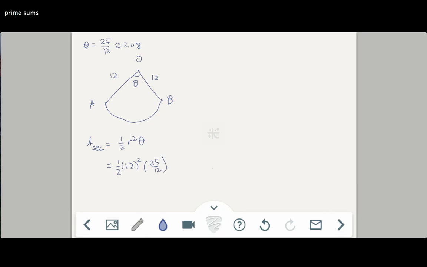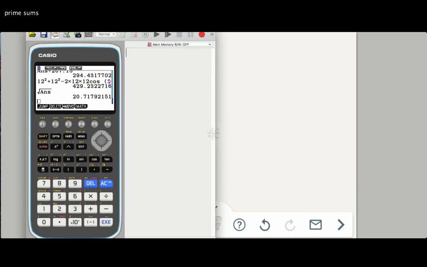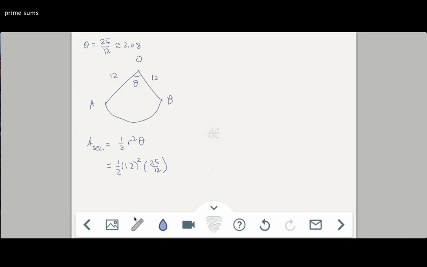We get exactly 150. So that's the area of the sector.